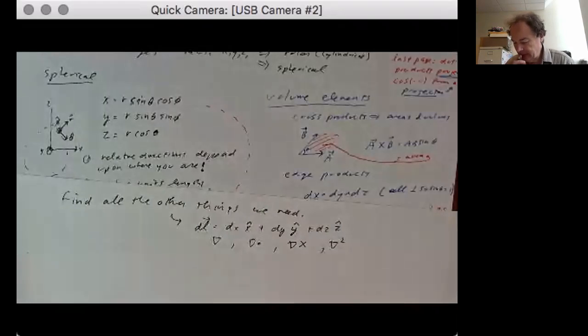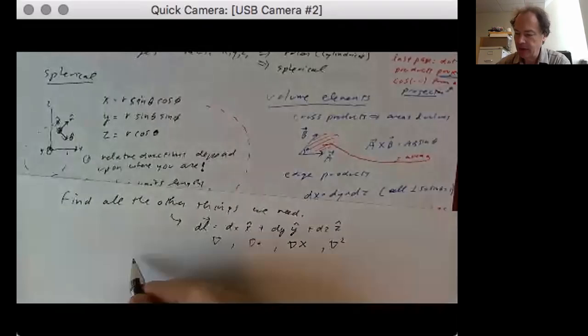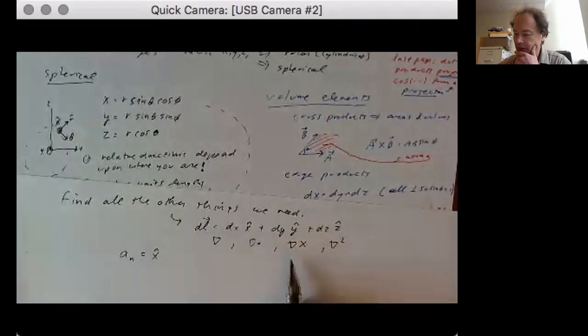To begin with, let's think about what happens if we take a vector a_n. And this is formed from something that looks a lot like this, except we're going to take a partial with respect to x_n.